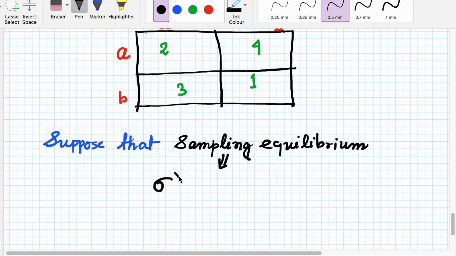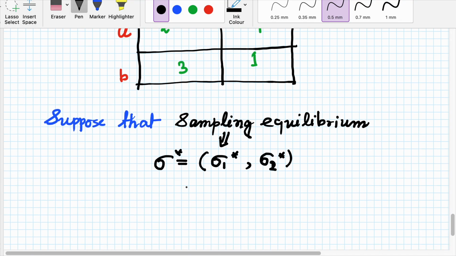So sampling equilibrium sigma star, I have to assign strategies to every player. Since player 1 and player 2 have the same preferences, it is reasonable to assume that both players' strategies will be the same. So sigma 1 star will be the same as sigma 2 star, and we can write it by sigma.